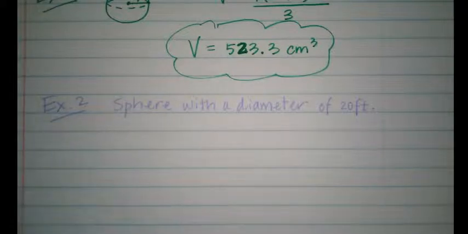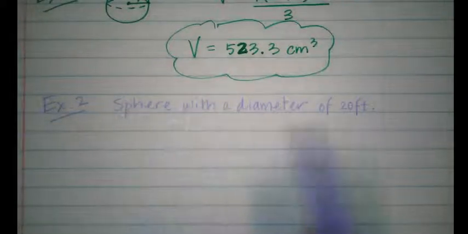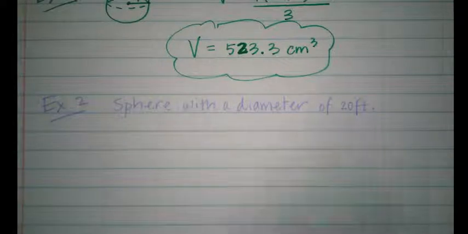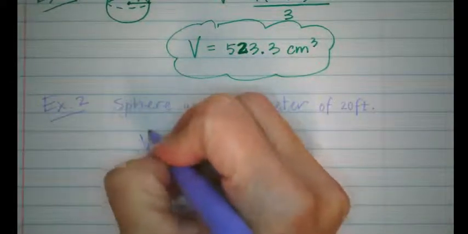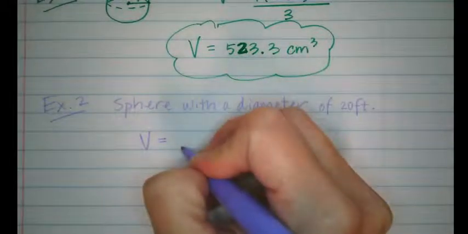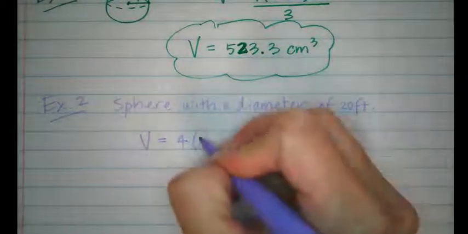So we're going to find the volume. So we have a sphere, but the diameter is 20 feet.